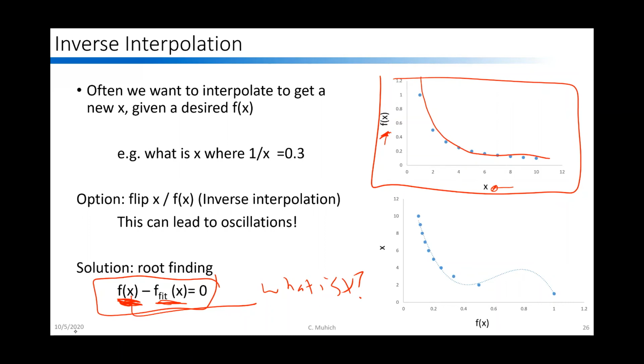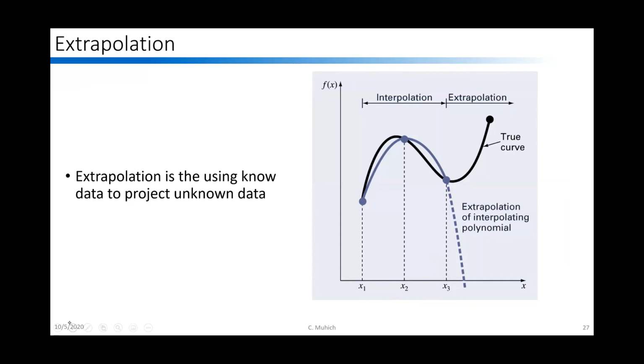I further want to touch on hazards when we talk about extrapolation. Remember that interpolation is when I have points and I'm looking for data between these known data points. Extrapolation is what happens outside of the data, right? Outside of the data range.